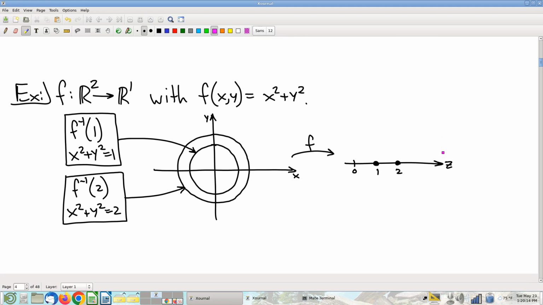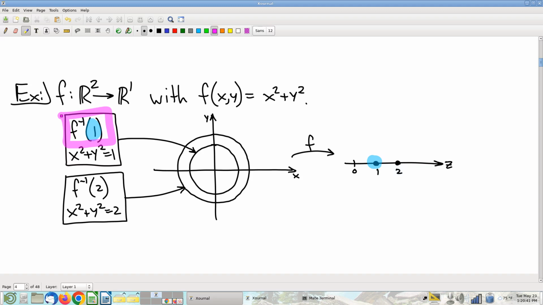Okay, so here's a couple of easy examples in practice. Here I have a function, 2 inputs, 1 output. There's my formula. And let's look at the output value 1. Let's ask what is the level set corresponding to the output value 1?